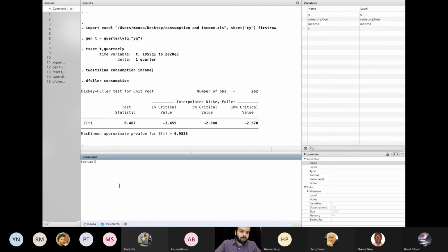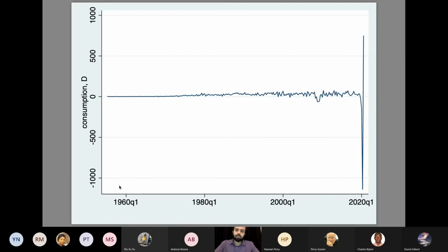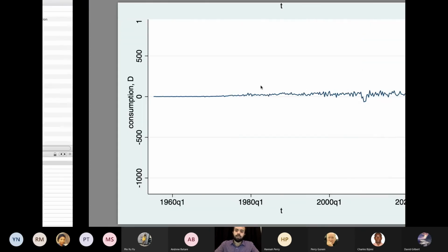Let's look at how that series looks. If we plot the first differences of consumption, then we have something which is pretty much close to a stationary series.